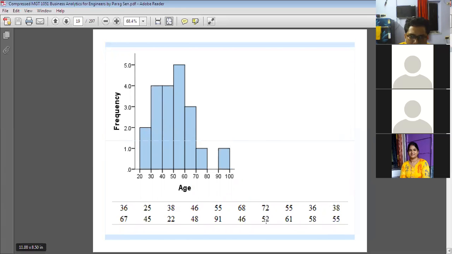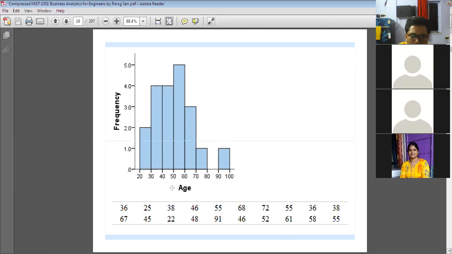Now, if you want to show this data set with these unique values, it will become very difficult. If there is a lot of data, you need to show all these data points along the x-axis, and that is not possible.